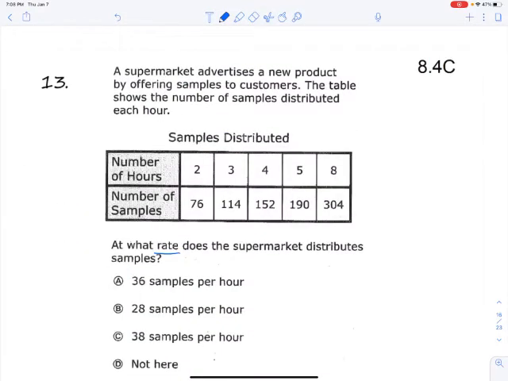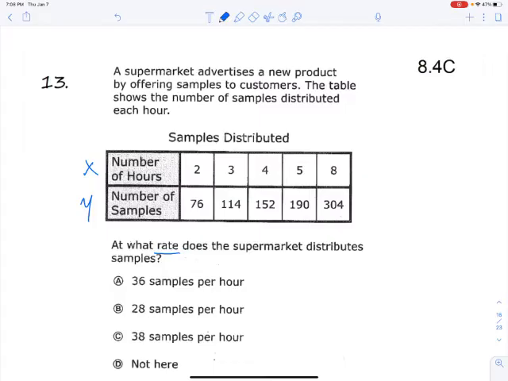And this one we're talking about rate, which is another word for slope. What is the slope? Now we know in a table, we're going to use delta y divided by delta x, but we got to remember which one is x and which one is y. Top is x, the bottom is y. Most of the time, that's the way it is. Number of hours, number of samples. The number of samples depends on how many hours you work.